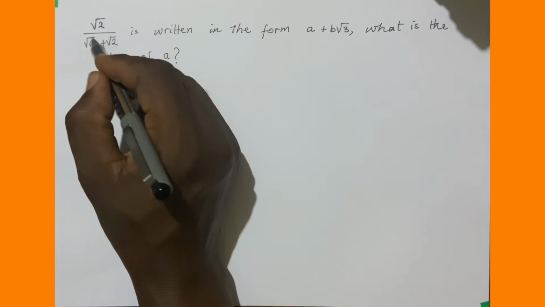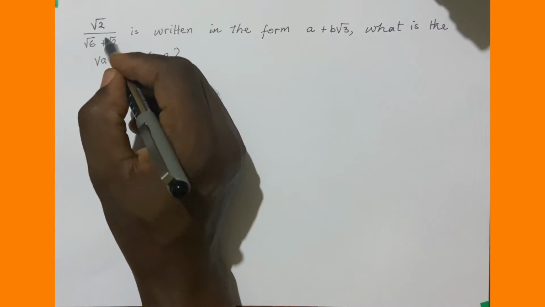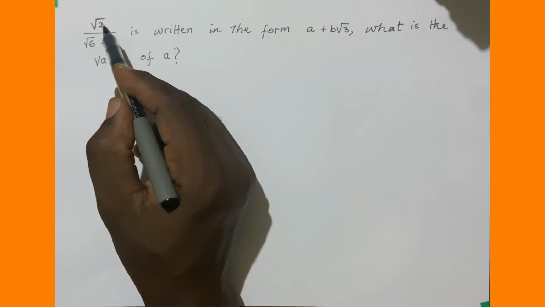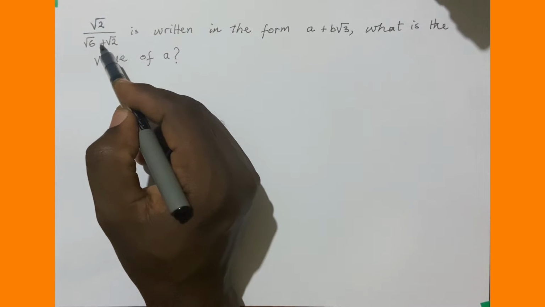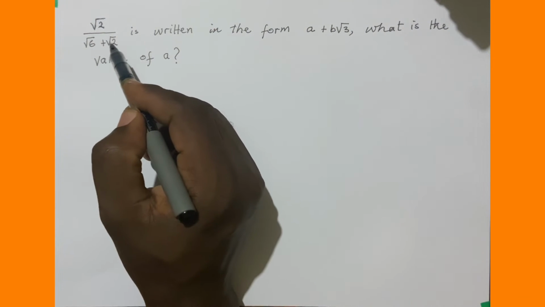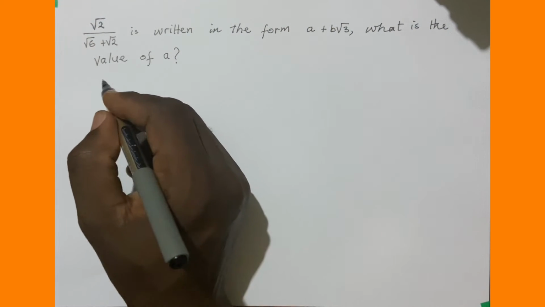So, to simplify this expression, we are going to multiply the numerator and the denominator by the conjugate of the denominator. So how do we do that?